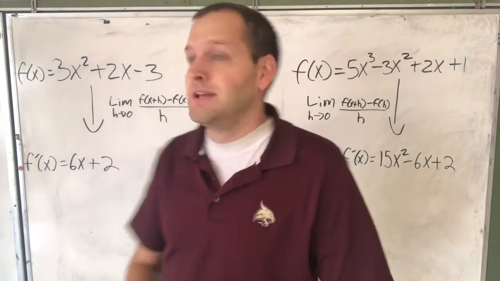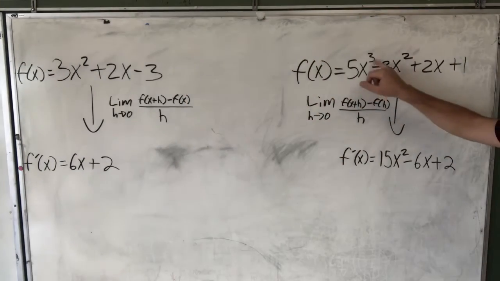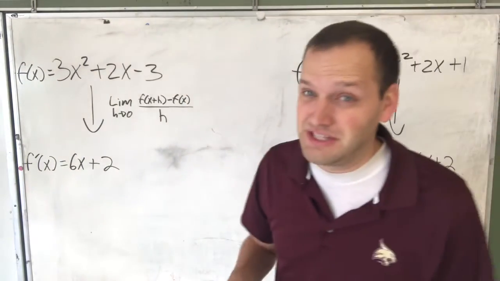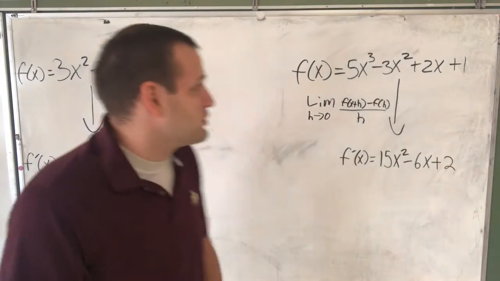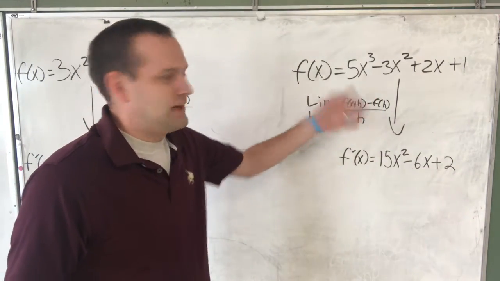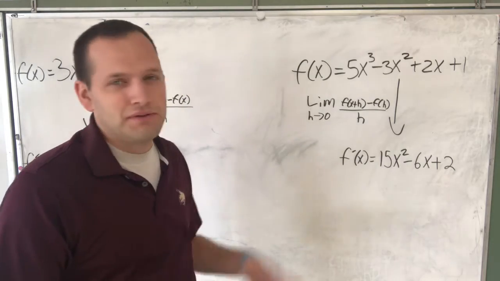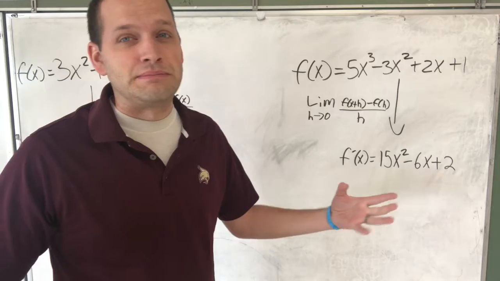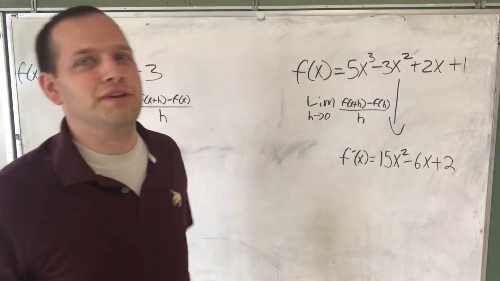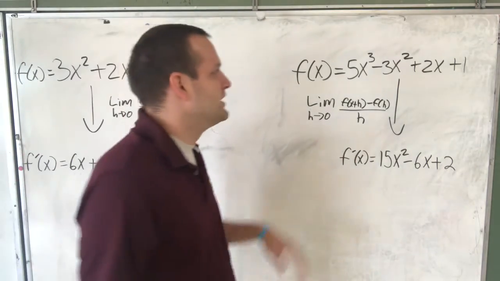In fact, whenever there's x cubed, I haven't even given you any problems with x cubed because it takes so long to go through and cube x plus h, unless you know the shortcuts. I don't bother teaching you them because what we're doing today is going to make it so you don't even have to use this anymore.